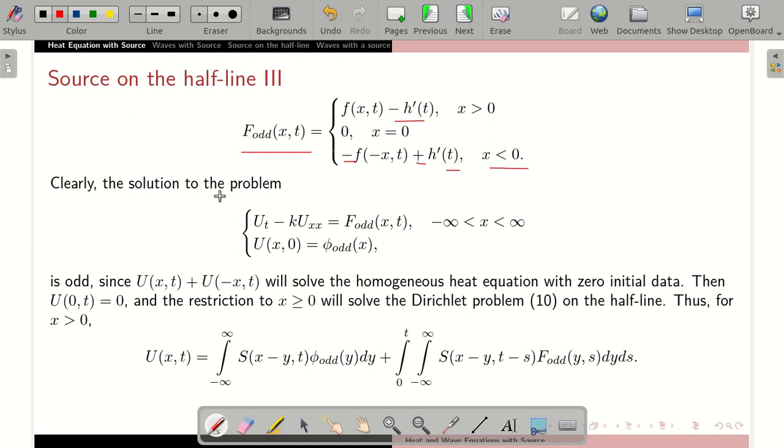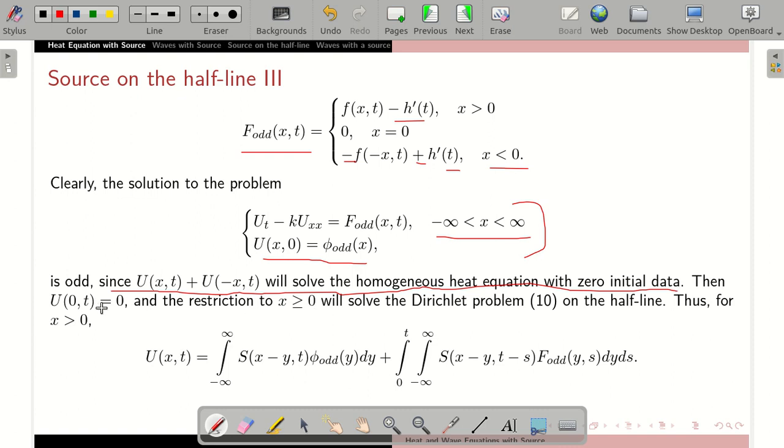So clearly a solution of this problem is defined on whole line with condition ux0 phi odd x, and you can check that uxt minus u of minus xt will solve the homogeneous heat equation with zero initial data, as we did in reflection method previously.